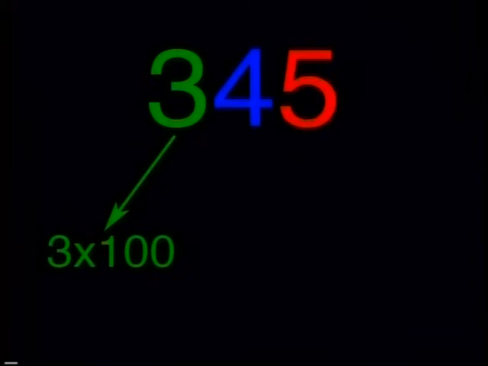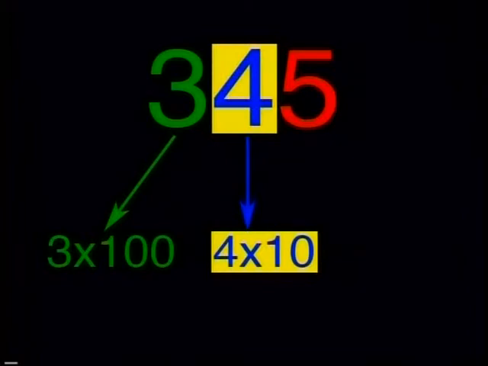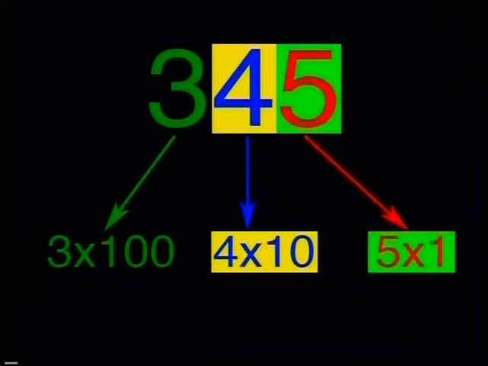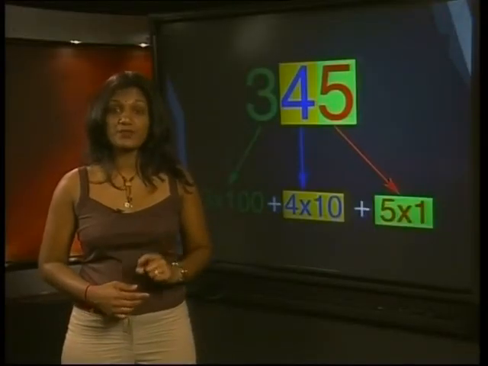The digit 4 represents 4 times 10. And I guess you know that 5 represents 5 units. So the numerical value of the number can be written as 3 times 100 plus 4 times 10 plus 5 times 1. Keep this in mind for our next problem.